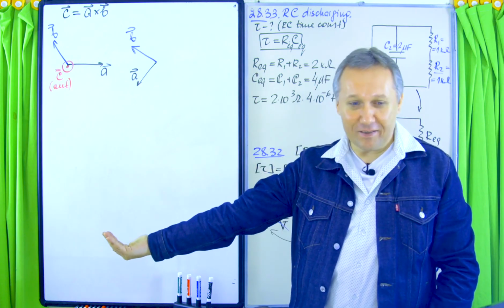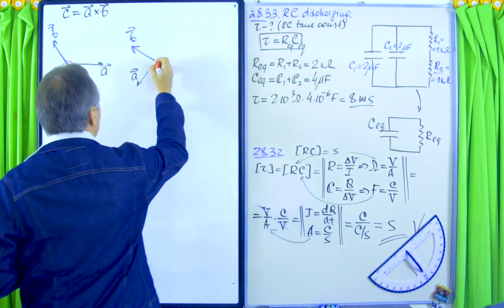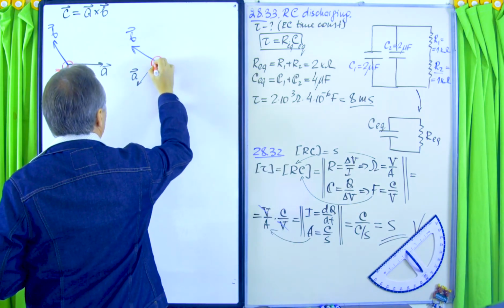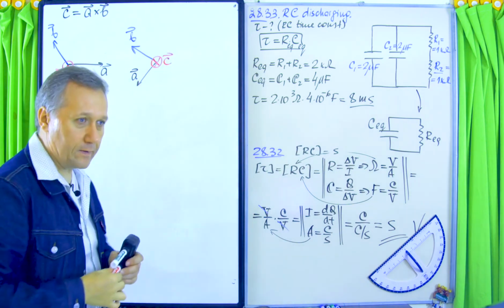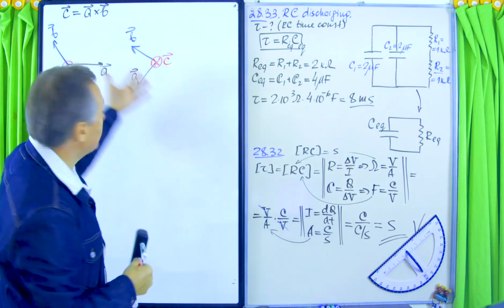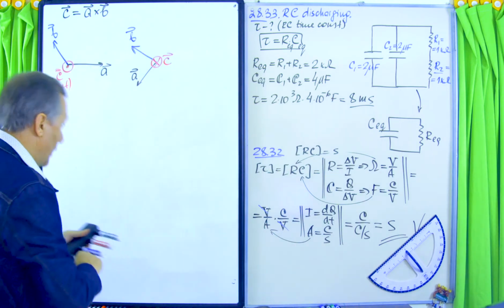So in this case, vector C is into the board. Into the board, according to our convention, we need to use cross, right?